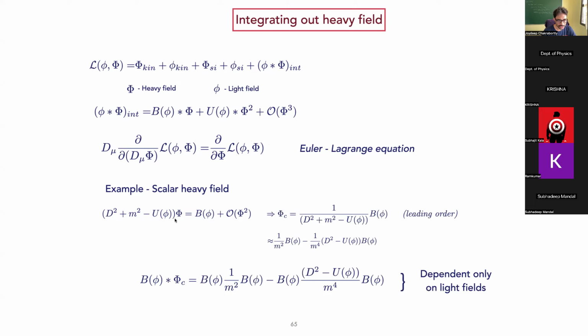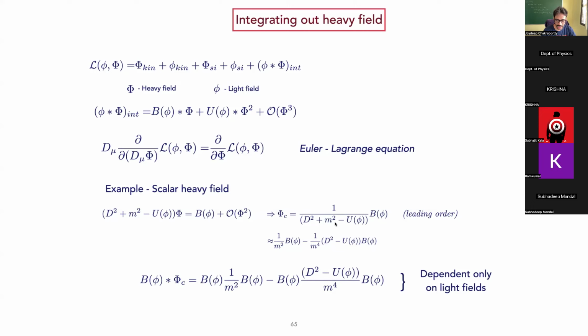Then inverting this operator, we can find the classical solution, which we treat as a background. Why background? Because background fields, naively speaking, do not have any kind of dynamics. So this heavy field we can expect to be so heavy that it doesn't have dynamics, and all the light fields have their dynamics on the background of this heavy field. This is also a solution from the Euler-Lagrange equation.